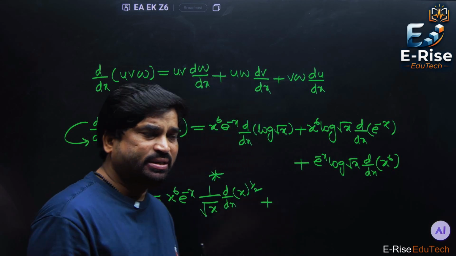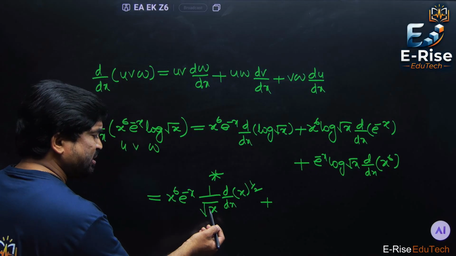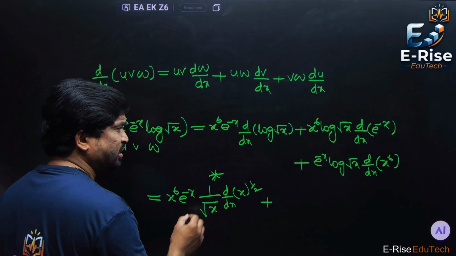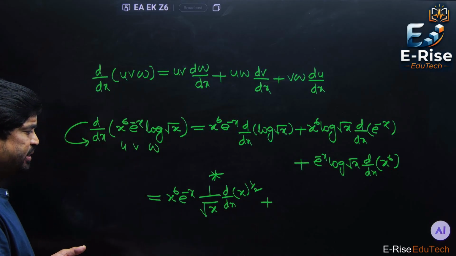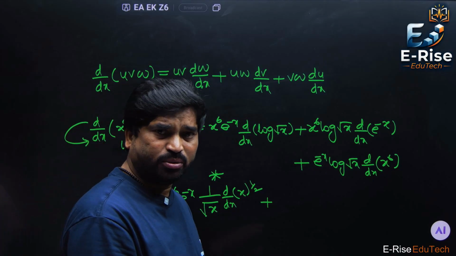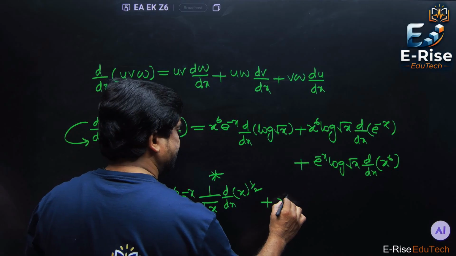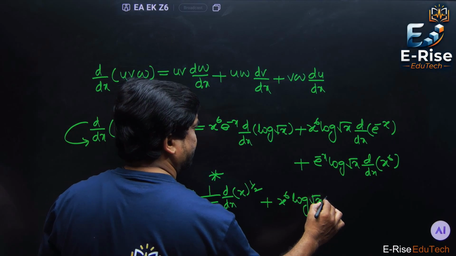Till that, compulsorily apply the internal differentiation. Here x power is not 1 now, it is to the power 1 by 2, that's why we apply the internal differentiation. So already I said d by dx of root x is 1 by 2 root x. Directly can substitute it. So next one, x power 6 into log root x.